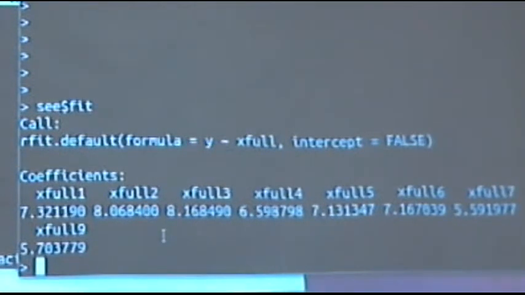So 7.3. I think these come out in order. So 7.3, 8.0. I'm very close. I mean, I probably need two-digit accuracy. 6.5, 7.3, 7.3.